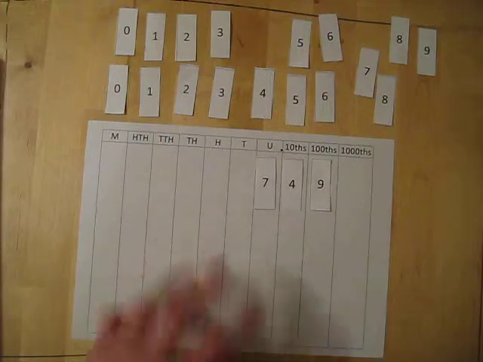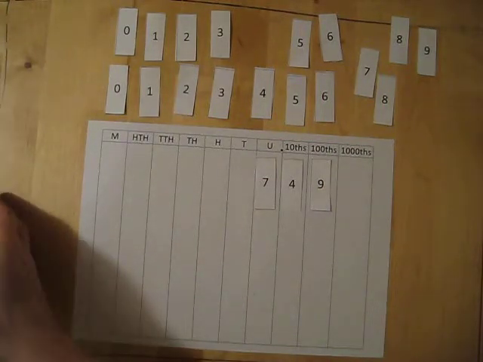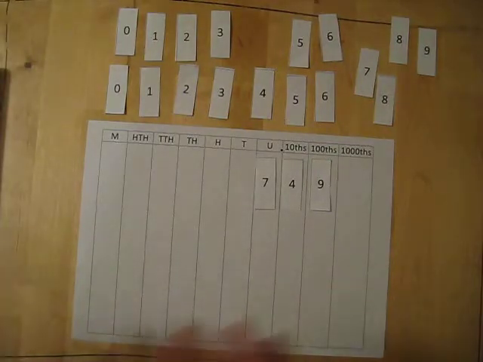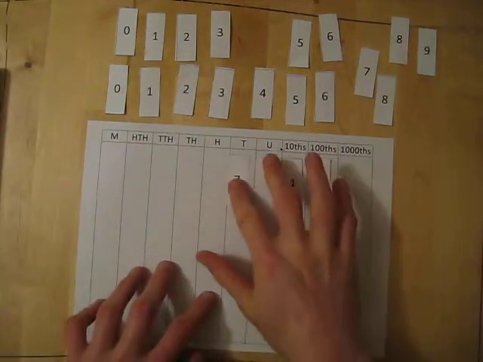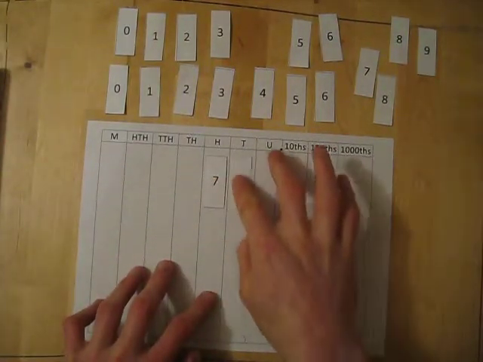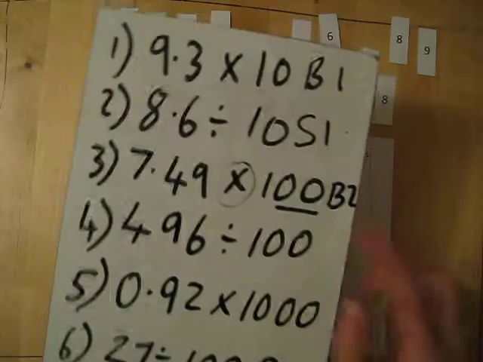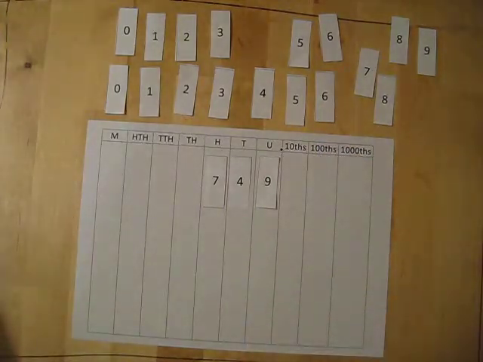Now, we decided it was going to get bigger by 2 places, so just shuffle everything up 2 places, remembering to keep them together. So 7 moves up 2, 4 moves up 2, and 9 moves up 2. So 7.49 times 100 equals 749.